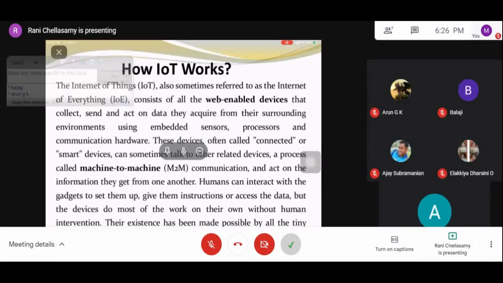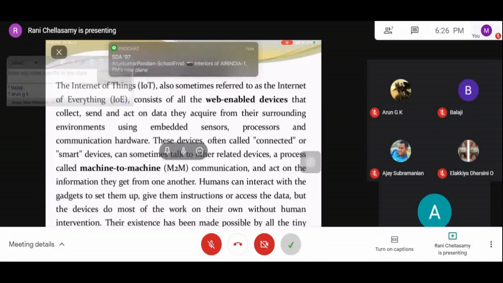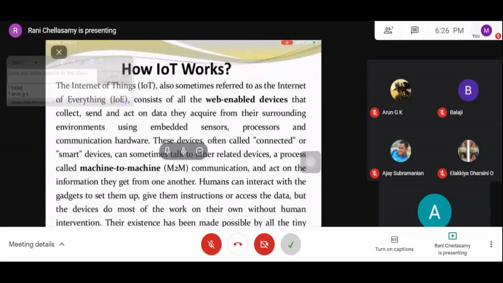So the smart devices will always talk to other related devices, and this process is called machine-to-machine communication, that is M2M communication. They act on the information they get from one another. Humans can interact with the gadgets to set them up, give them instructions and access the data. But the devices do most of the work on their own without human intervention.